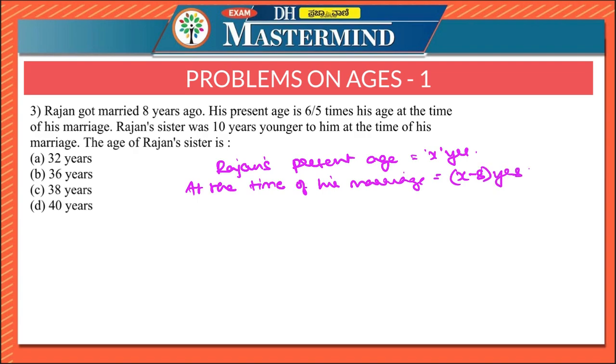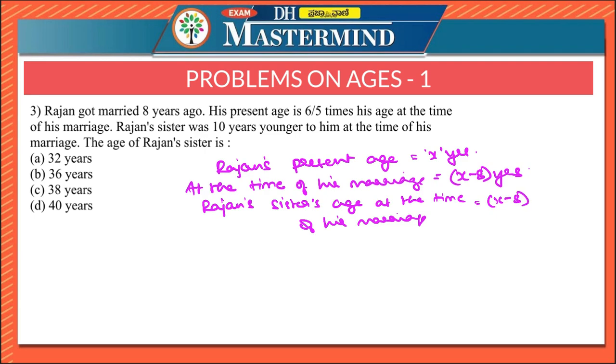And it is also given that Rajan's sister was 10 years younger to him at the time of his marriage. So Rajan's sister's age at the time of his marriage was X minus 8 minus 10, so this becomes X minus 18 years.